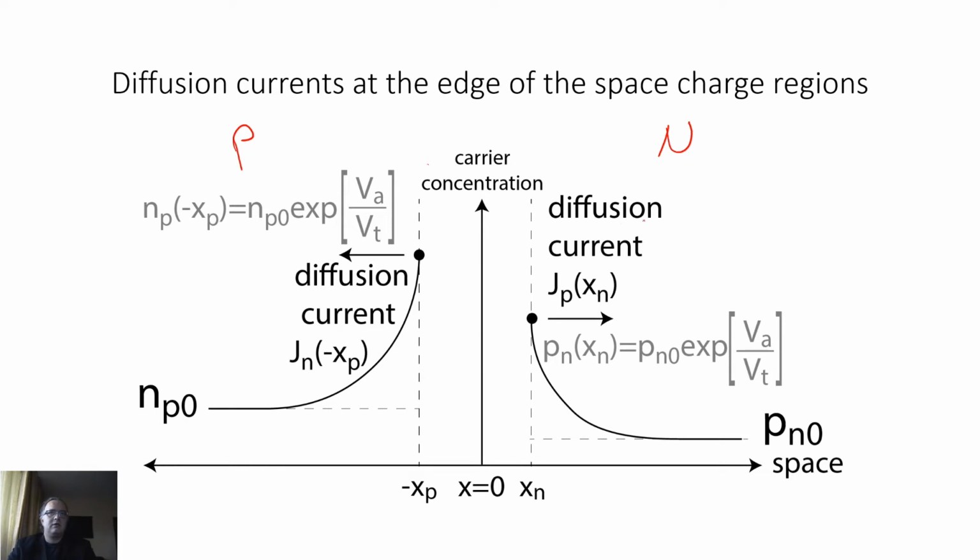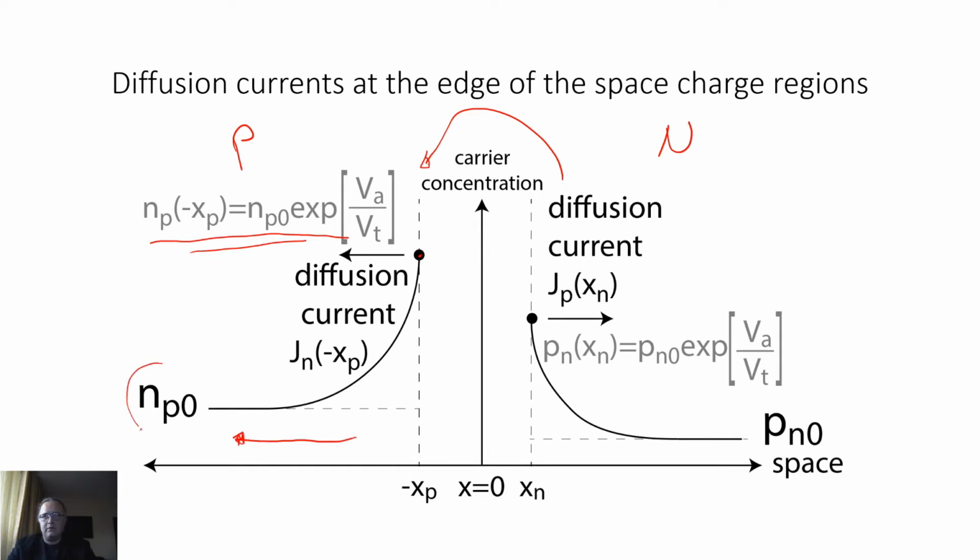So here the electrons, which are majority carriers here, which have the sufficient energy to diffuse on the other side, appear at this point with concentrations that we already derived in the previous video. Here the electrons are minority carriers in the P side, so they diffuse and recombine, and the concentration decreases in space.